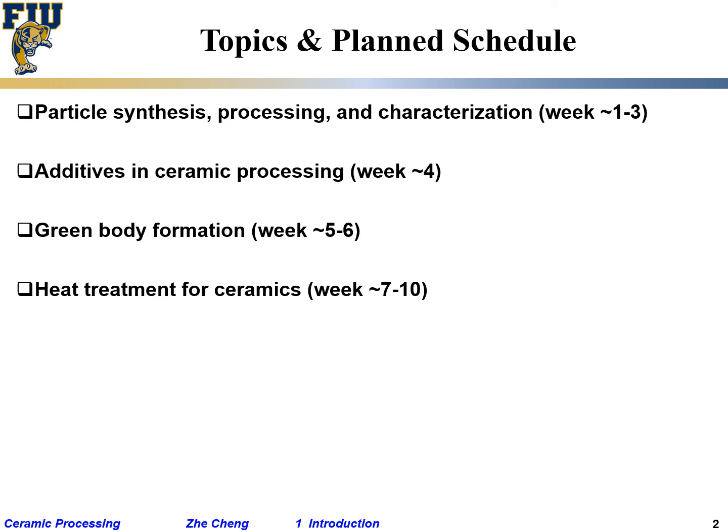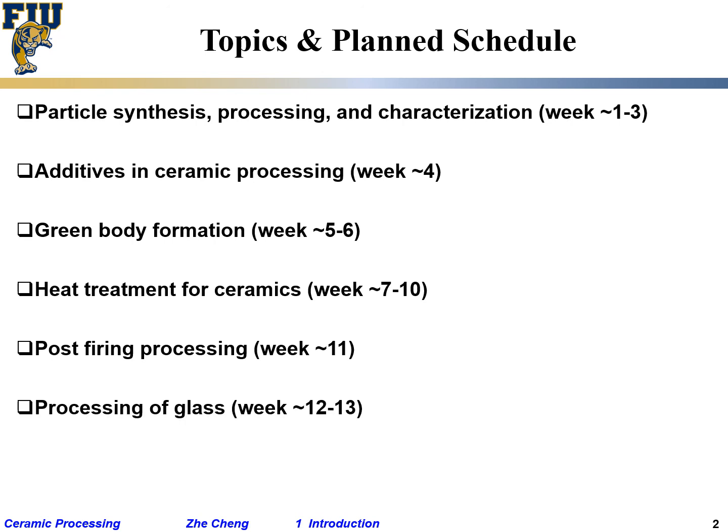And heat treatment for ceramics, firing, sintering, and then post-firing processing such as polishing, grinding, lapping, stuff like that. Okay? And the processing of glasses if we have time. We may melt some glass and quench it so that you see, okay, I got a transparent glass. Okay? And other ceramic processing if we have time.